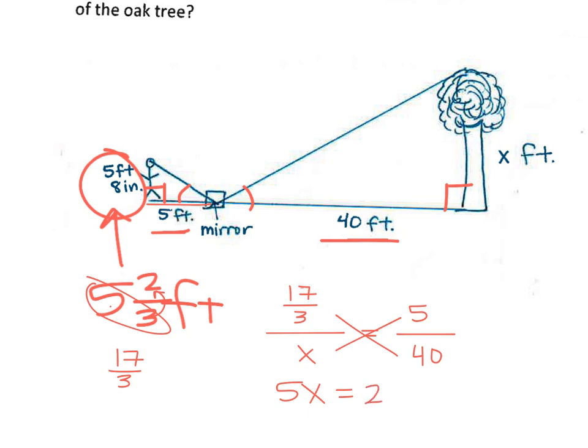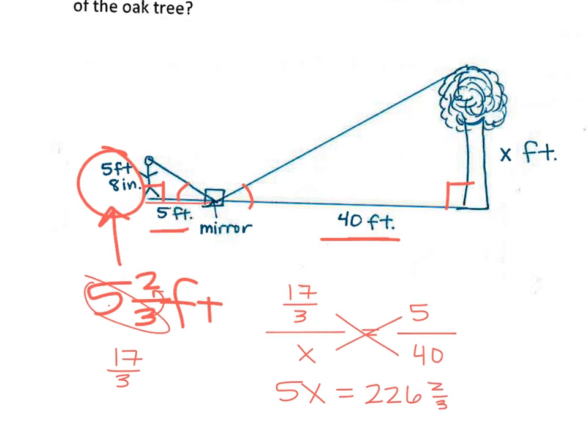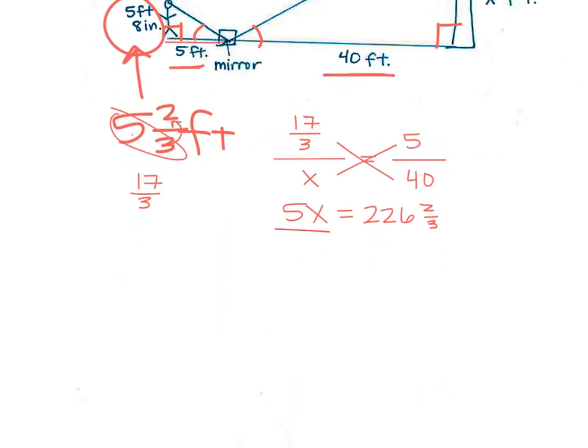If you plug that into your calculator, you get 226 2/3. Last step, just divide that number by 5. So you get x equals, and that comes out to 45.3 repeating, or 45 1/3 feet tall.